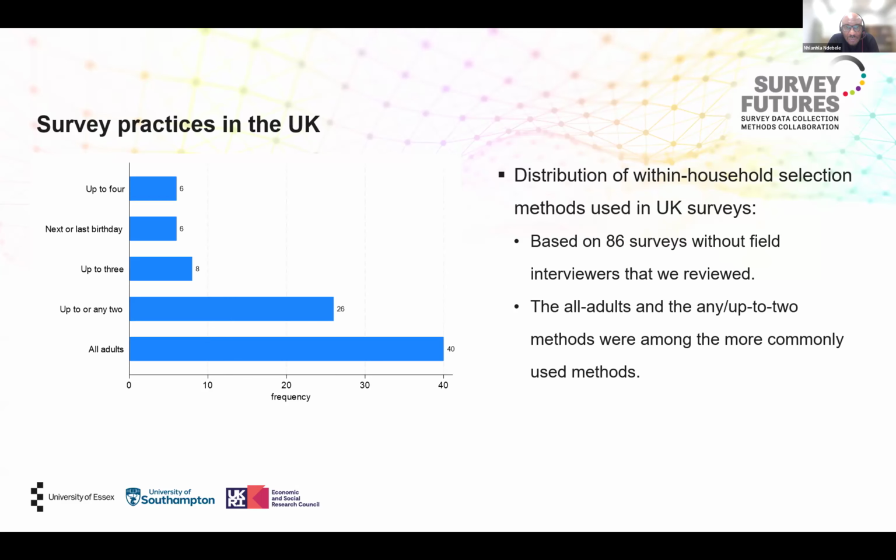Now, one of the issues that comes up in practice is that the up to 4 sometimes is classified as all adults in some of these surveys. But when we looked at these surveys in more depth, we were looking at ones that describe the method as the all adults or up to 4. So that's why there's a distinction between the up to 4 and the all adults. But the most common that we found was the up to 2 and the all adults method.